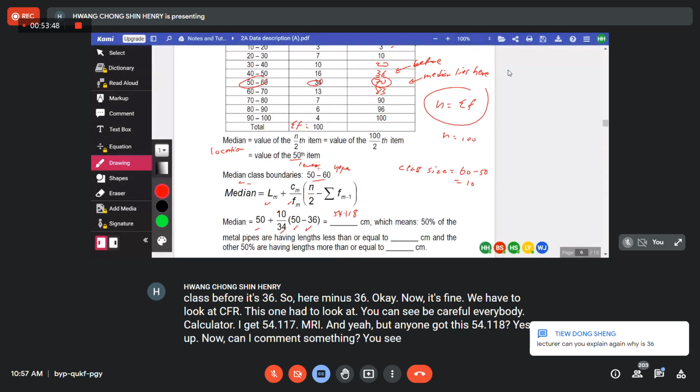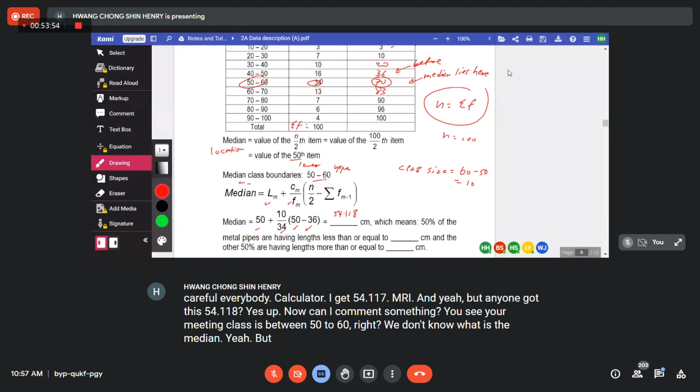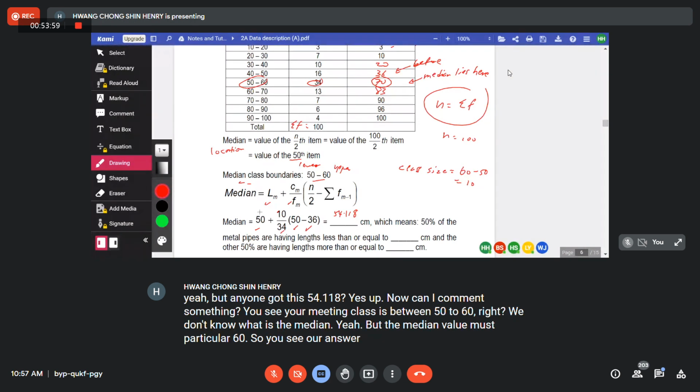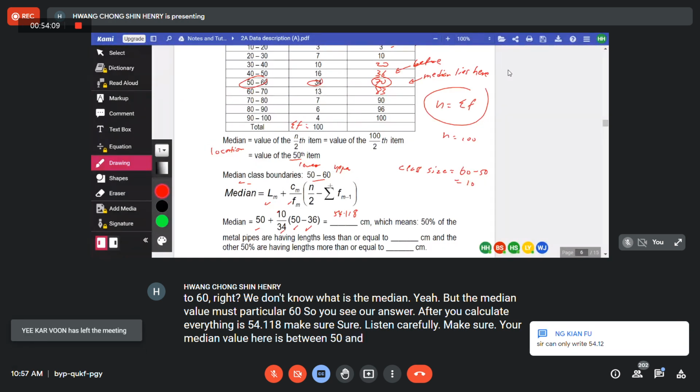You see, your median class is between 50 to 60, right? We don't know what the median is yet, but the median value must be between 50 and 60. So after you calculate everything, the median is 54.118. Make sure your median value is between 50 and 60, in this class.